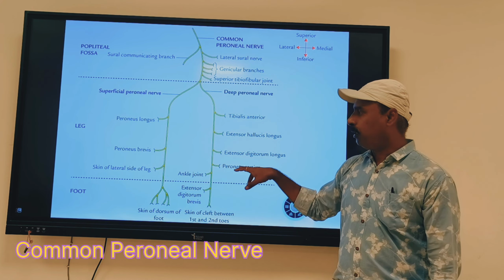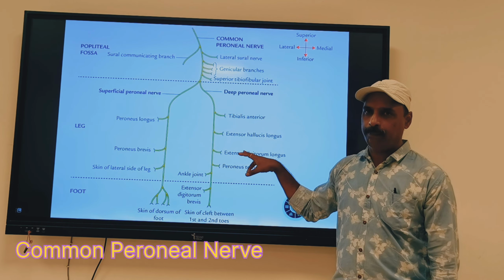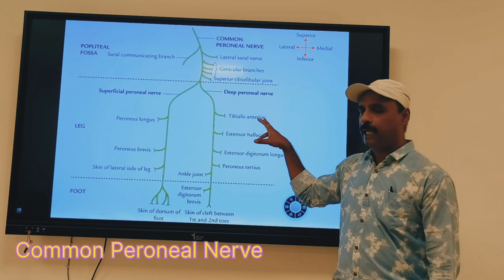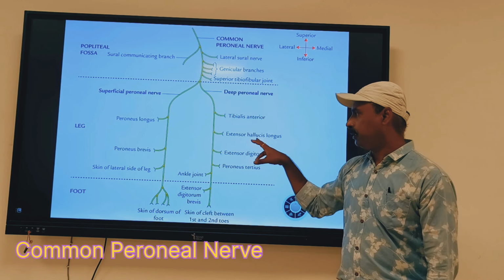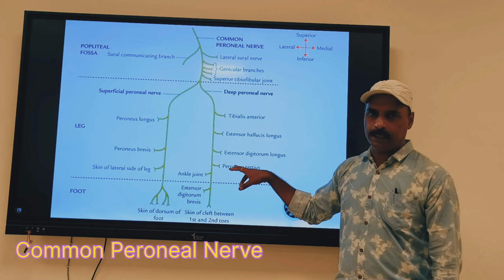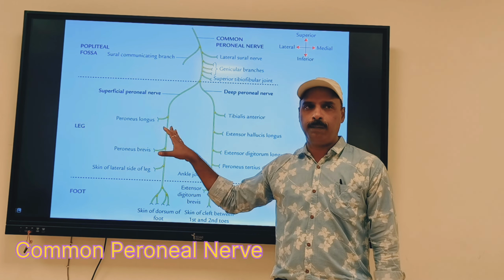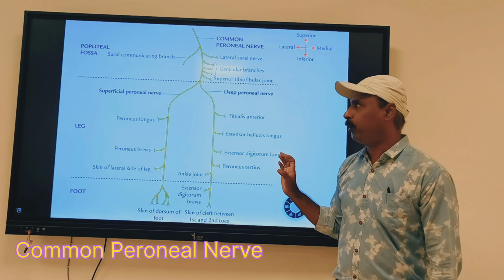Coming to the muscles of the anterior compartment of the leg: tibialis anterior, extensor hallucis longus, extensor digitorum longus, and peroneus tertius. This peroneus tertius is included as a lateral compartment of leg muscle. You have to remember that.